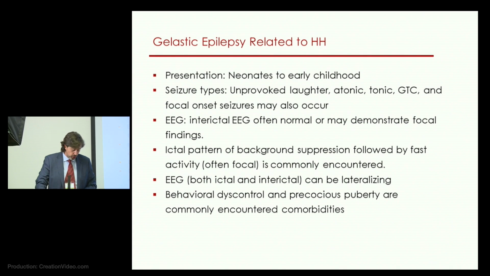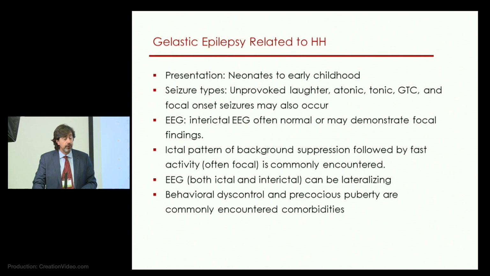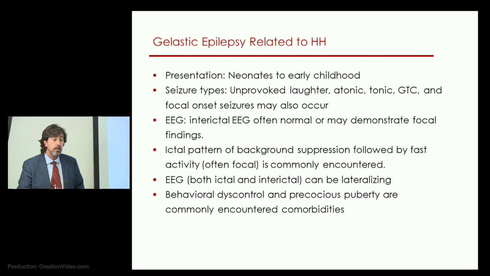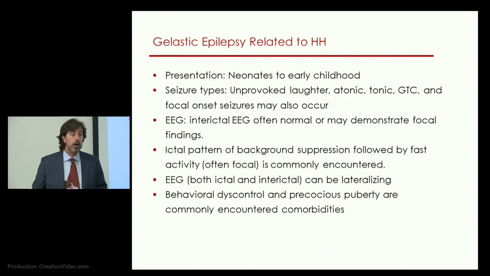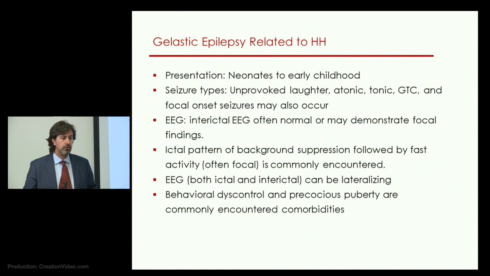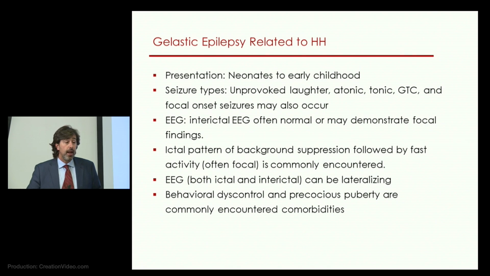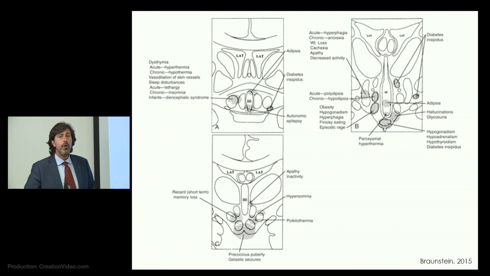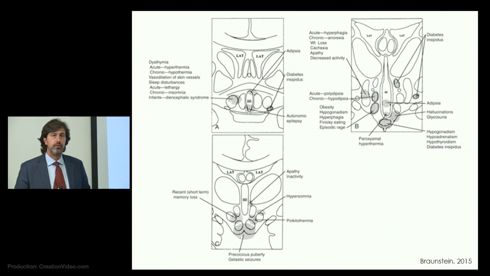As already told, EEG is not very informative, even interictal and ictal EEG. Sometimes we might have some lateralizing suspicions, but it is not for sure. And lastly, the problem with behavioral dyscontrol and precocious puberty was already stated, and Helen will talk about it later.